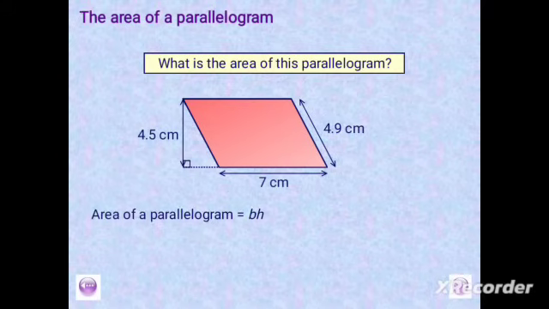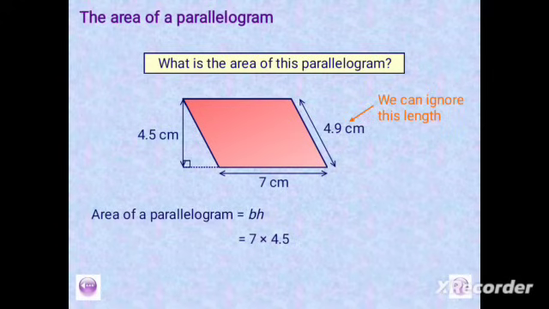And because the area of a parallelogram is given by base times height, now we are going to use the height, which is 4.5 centimeters, and not the other side, which is 4.9. So you ignore that other length, because the height of the parallelogram given below is 4.5 centimeters. And now the area will be 31.5 square centimeters.